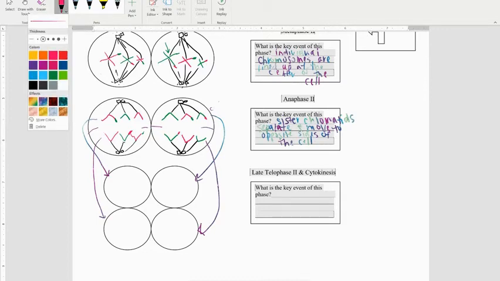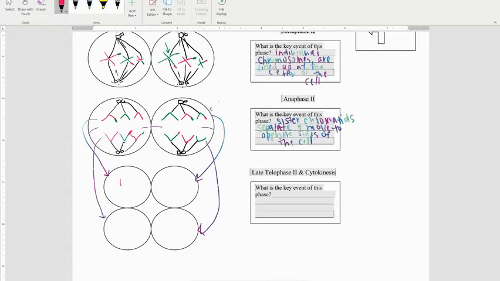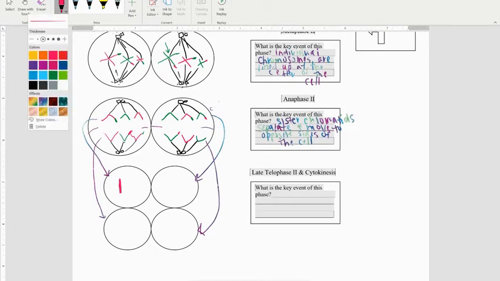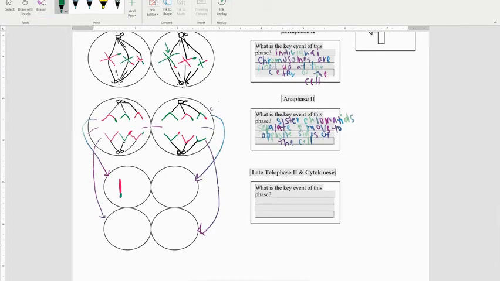And we're going to show that those sister chromatids straighten out. So in this cell, I'm going to have a longer red one that has a little bit of a green end on it.